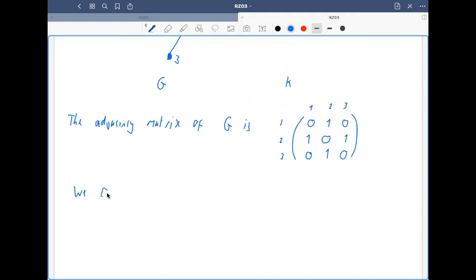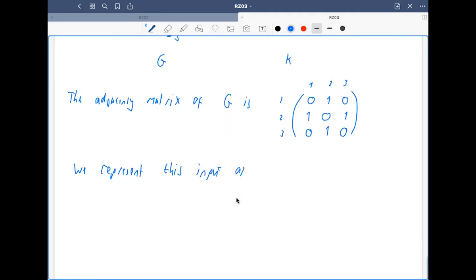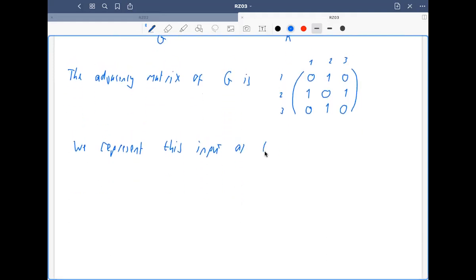So we represent this input as the string: 0, 1, 0, that's the top row, comma, end of row. 1, 0, 1, comma. 0, 1, 0.